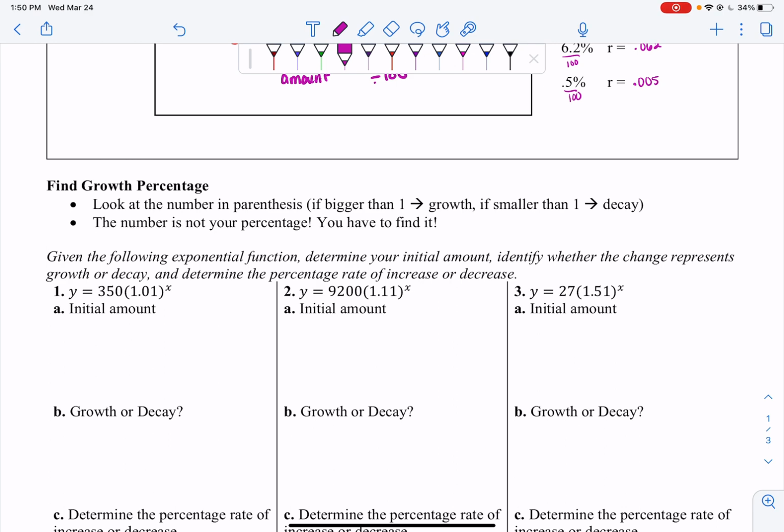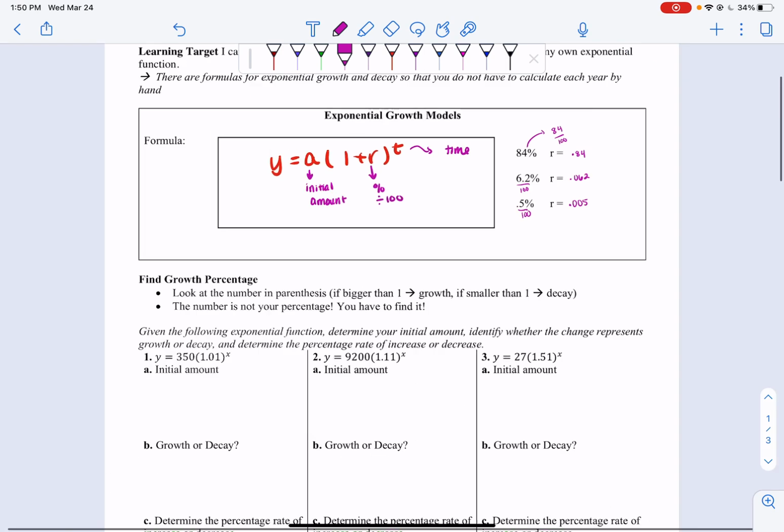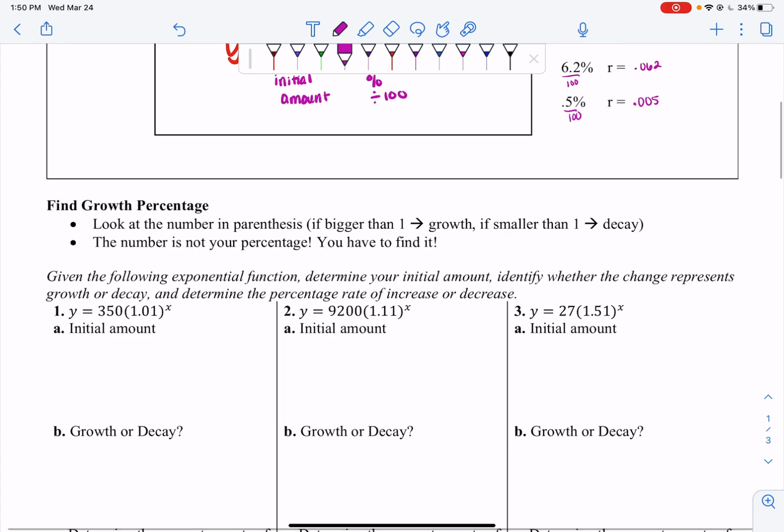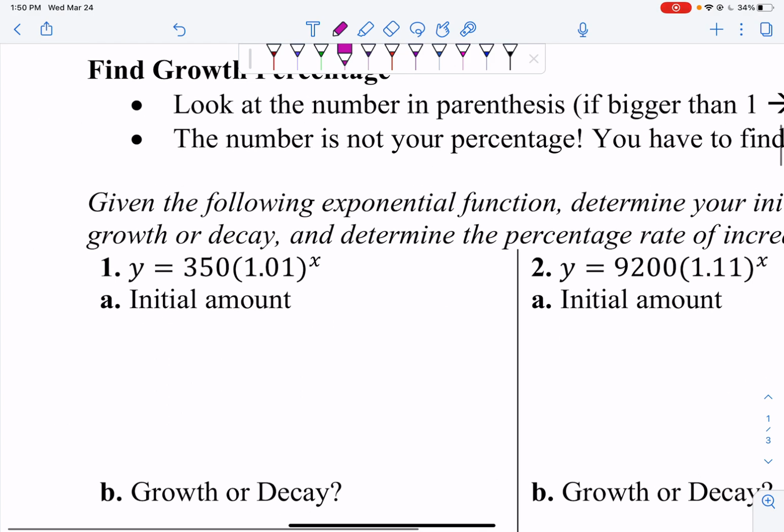It's a one-step equation. So if I look at this example, we want to find out the initial amount. We have to identify whether it's growth or decay, and then determine the percentage rate of increase or decrease. It's very, very straightforward, I promise. If we look at this example, we know that our equations are written in the form y equals a times 1 plus r to the t, where a is our initial amount. So if I look, this is my initial amount right here.